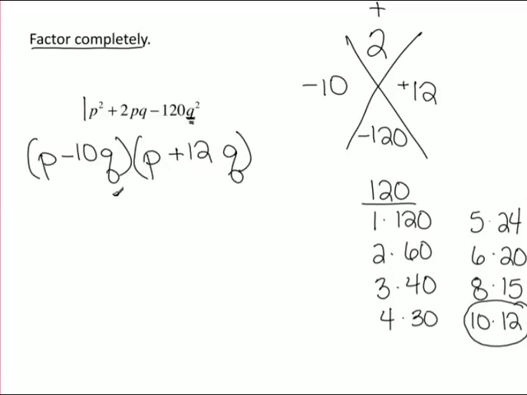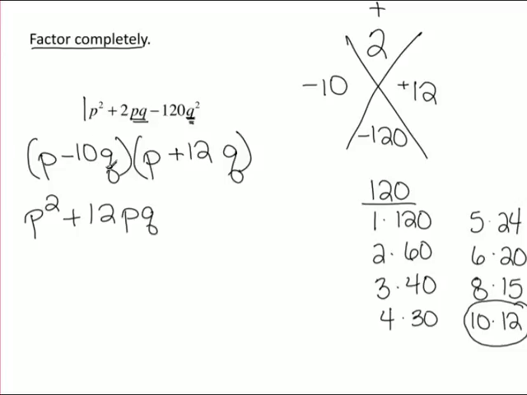So again, when you're factoring, it's always a good idea to check your work using the FOIL method backwards. If we multiply it, we need to come up with the original trinomial. So if we multiply P times P, we get P squared. P times 12Q is going to give me a positive 12PQ. And that's what we need in the center, a PQ combination.